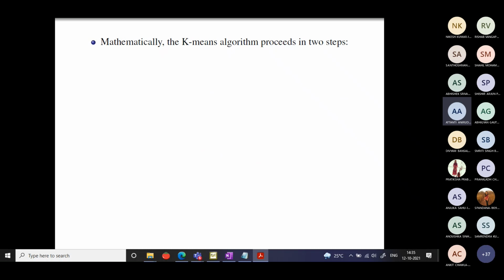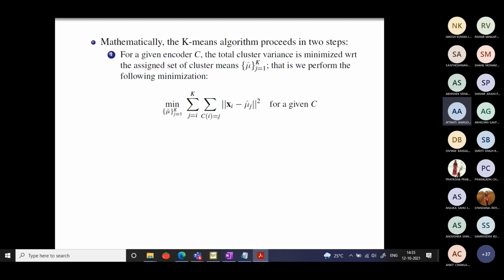Now mathematically we can put this in particular terms. The k-means algorithm proceeds in two steps. These are just mathematical terms I'm going to put across. For a given encoder C, the total cluster variance is minimized with respect to the assigned set of cluster means. Because initially, say there are 10 clusters, and you take 10 centroids.